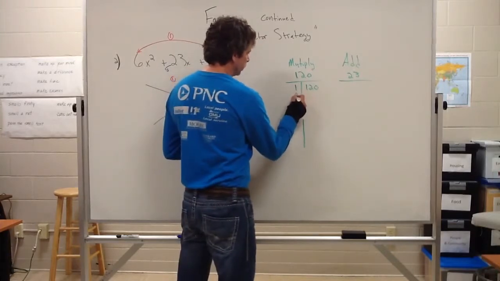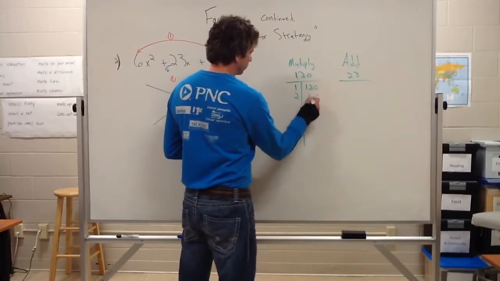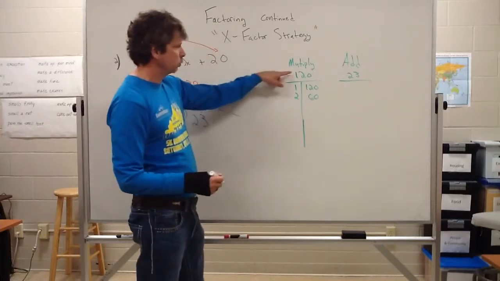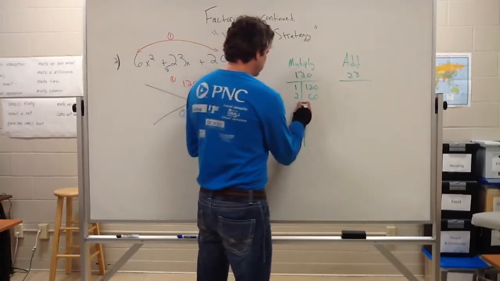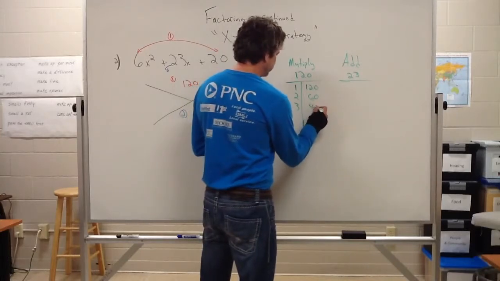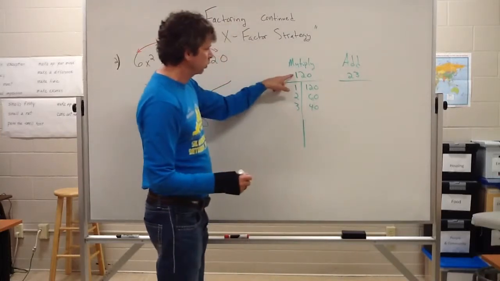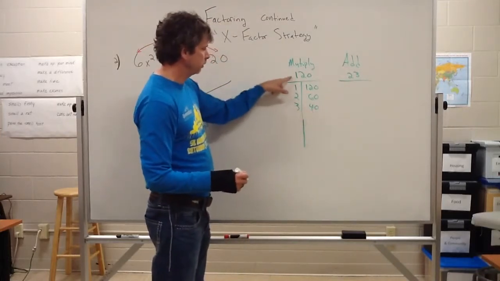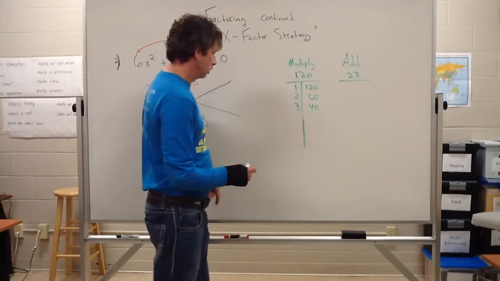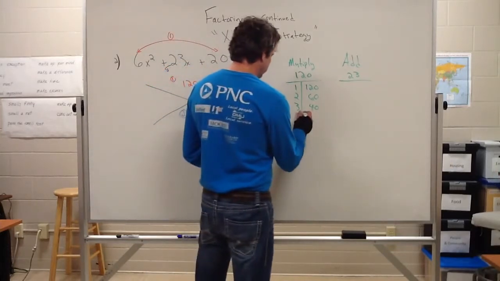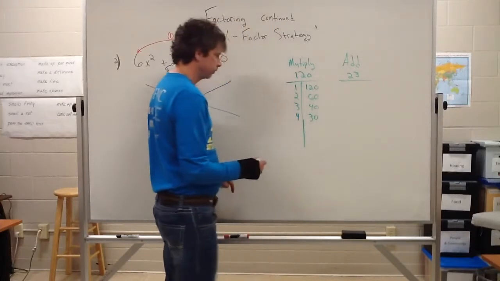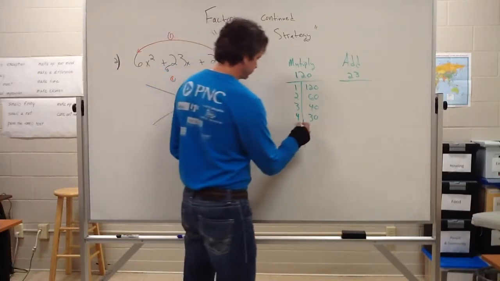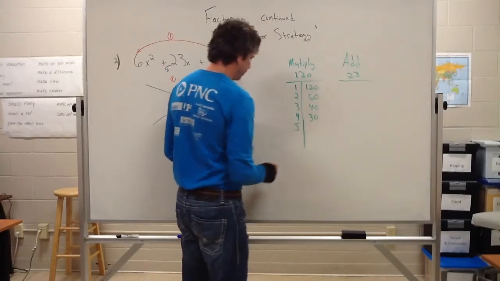2 goes into 120, 60 times. Again, if you need a calculator, just 120 divided by 2 would give you your 60. 3 goes into 120, that should be 40. Again, 120 divided by 3 would give me my 40, so you can use division to find the missing factor. 4 goes into 120 30 times, so 4 times 30 would be 120. 5 times what?